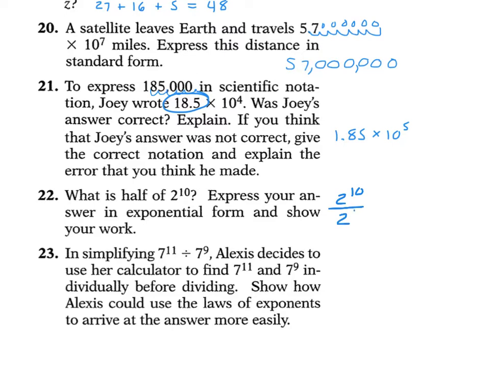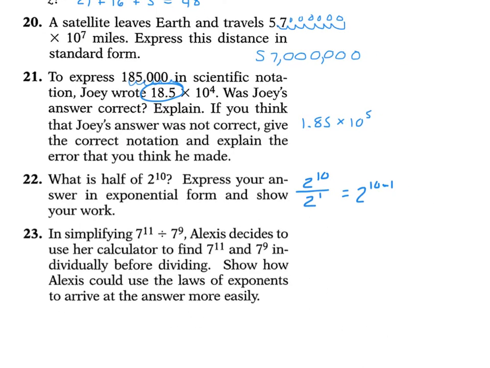Just 2 would be 2 to the 1st power. And now that we are dividing, we can combine these by subtracting our exponents. So this would be written as 2 to the 10 minus 1. 10 minus 1 is 9, so this would be 2 to the 9th power.